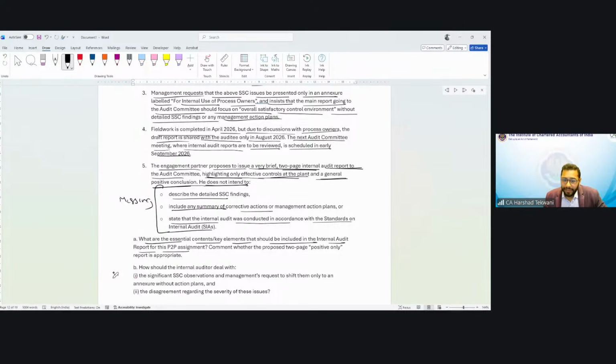The nature of assurance, if there is any assurance involved, is also required to be included, which is also not there. He provided only a positive conclusion. Whenever there is a negative, he has not included that. Correct.